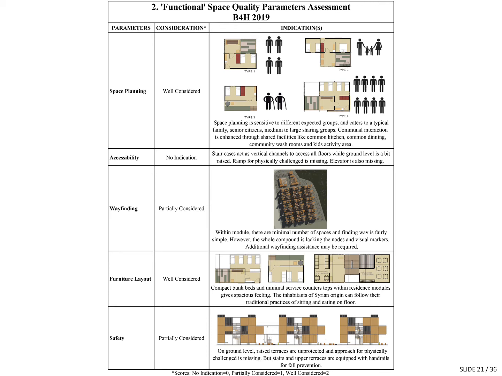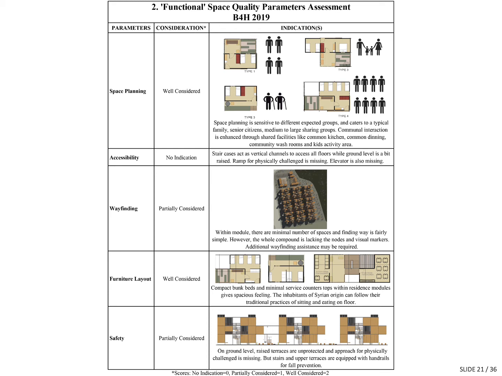Wayfinding is considered partially because of the monotonous and similar kind of experience in the huge area of residential part that lacks visual markers and nodes. Additional wayfinding assistance may be required.